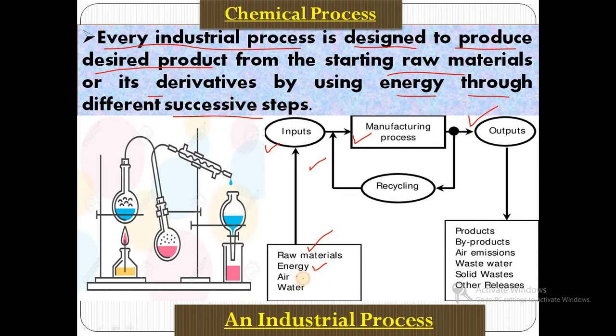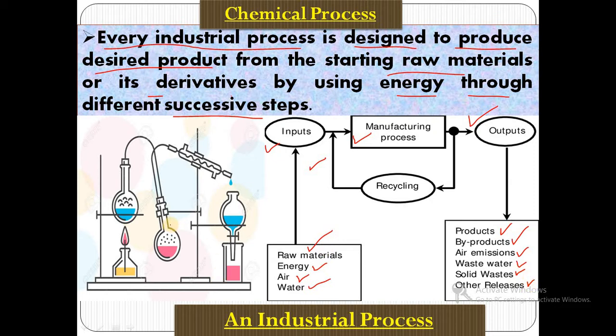Energy is supplied, air is supplied, water is supplied. Then when input passes through the manufacturing process, we get outputs. Output may consist of pure products, sometimes byproducts, air emissions, waste water, solid waste, and other residual byproducts.